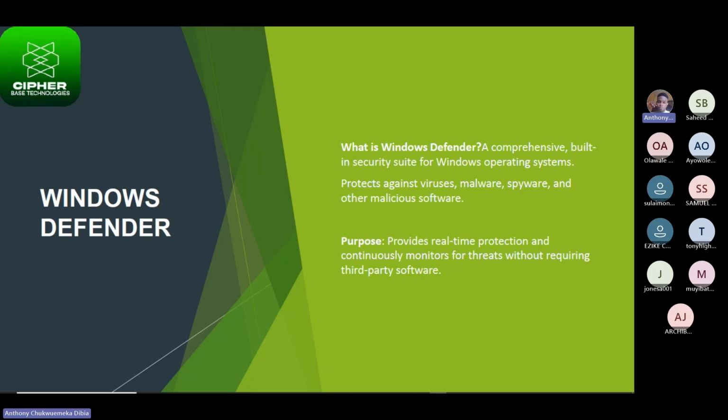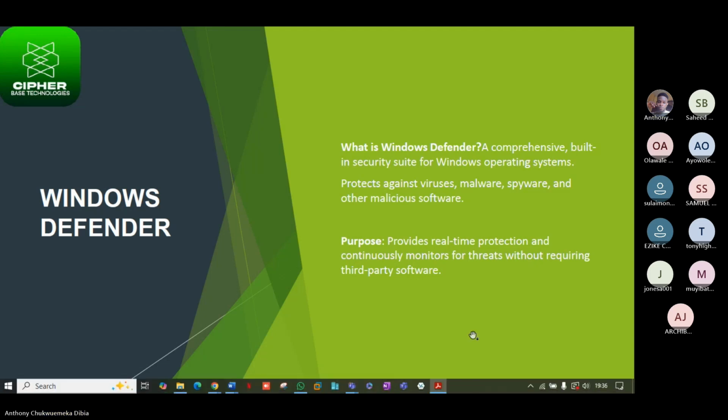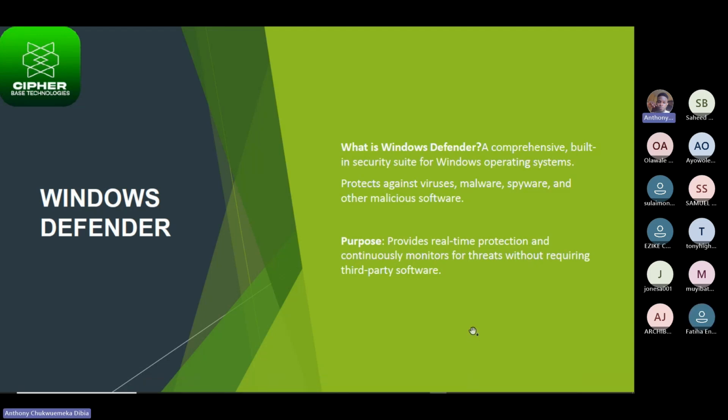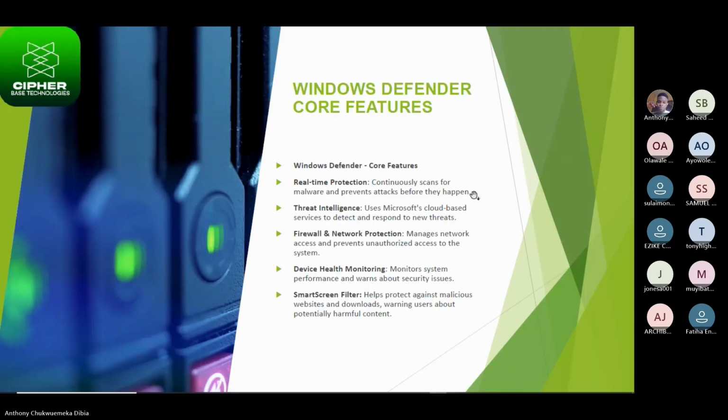Then we have purpose, provides real-time protection and continuously monitors for threats without requiring third-party software. So it provides continuous protection because it continuously monitors your operating system. We have the Windows Defender core features.